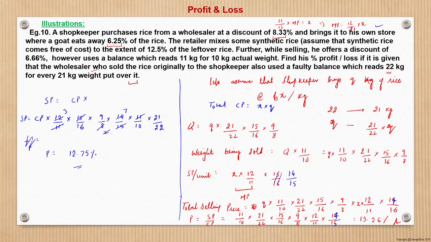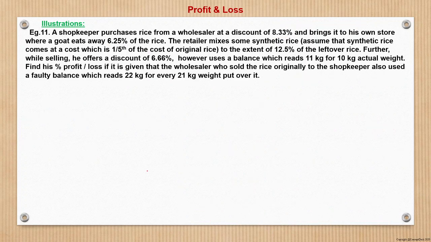So yeah, we get the same 12.75. So this is 12.75% profit. So this was a good question where we have seen an impact of different factors on the net profit, right? Now we'll move to next question, question number 11.